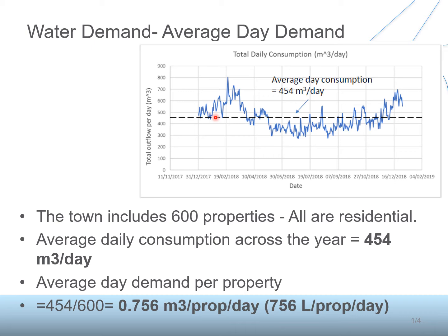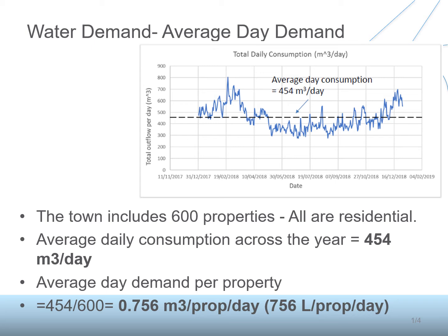If you want to convert that to per property, then the average is 554 meter cube per day divided by 600 households. That means 0.756 meter cube per property per day is the water usage. And then you can also convert in terms of per person or per capita.